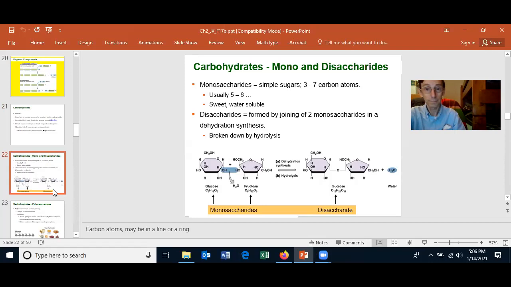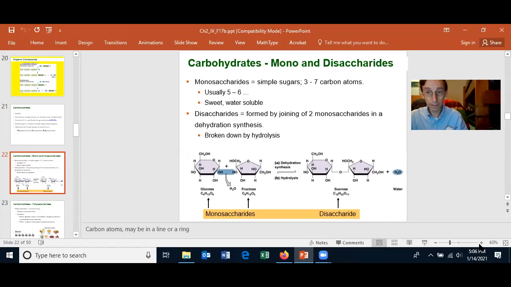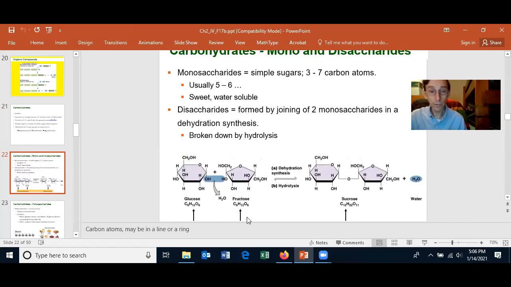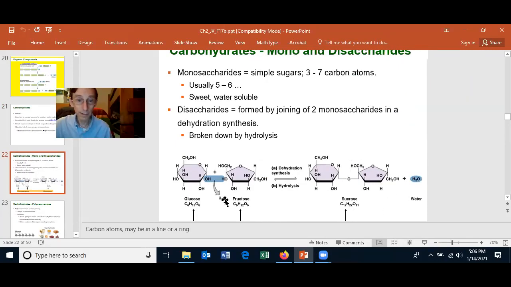You can make a disaccharide by dehydration synthesis. Let me blow this up a little bit. Taking 2 monosaccharides and then joining them together in dehydration synthesis, water comes out of that molecule. Let me bring this over here. So water comes out of that reaction, and the water comes from an OH group of one of the monosaccharides and an H group of the other saccharide, forming the water.